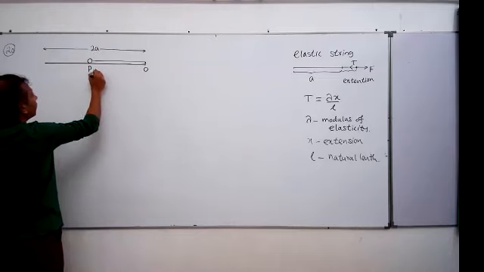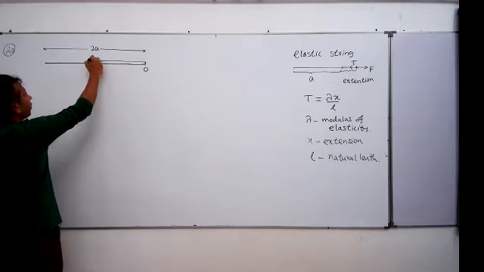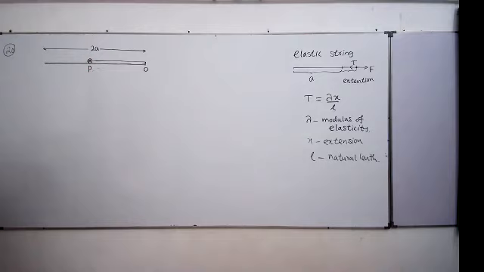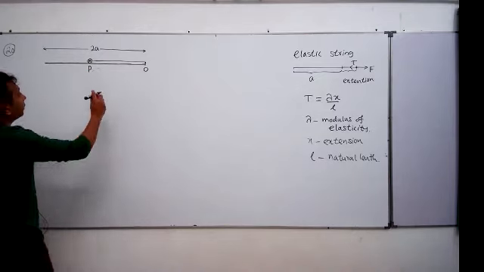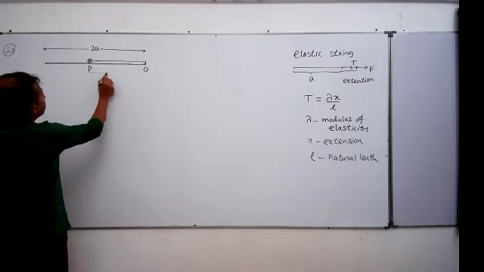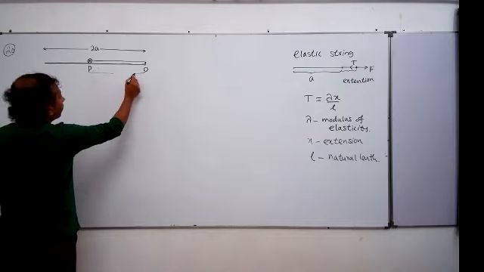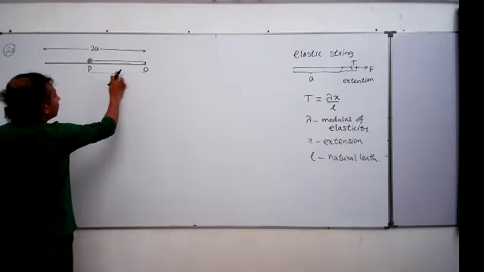Particle P of mass M. This is the elastic string. Mass is M, okay. This length is A.